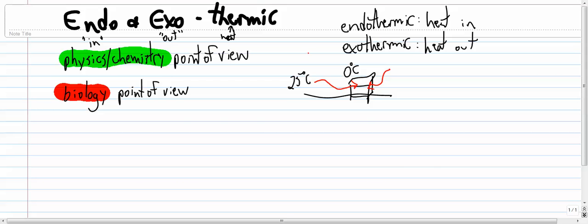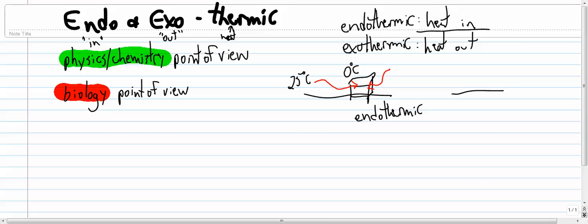Kind of obvious, right? So if we're looking at things from the ice cube's point of view, heat is coming into you, right? So this is an endothermic thing going on, because heat is coming into the ice cube. All right.